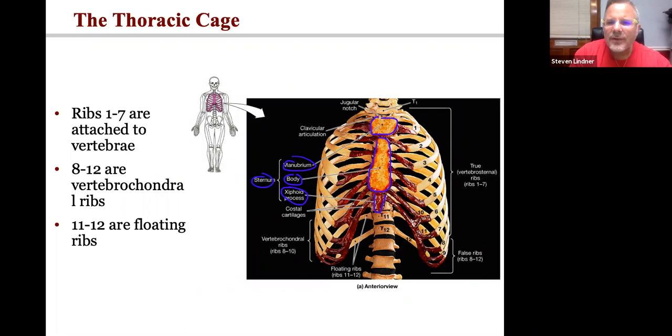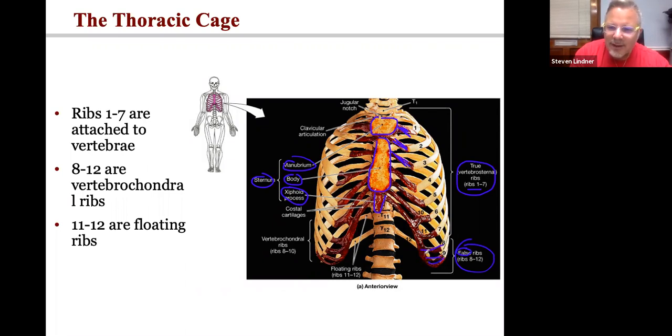And you'll notice that the upper ribs, ribs 1 through 7, are called true ribs because they have their own individual cartilage attaching to the sternum. Whereas ribs 8 through 12 towards the bottom are called false ribs because they have shared cartilage.